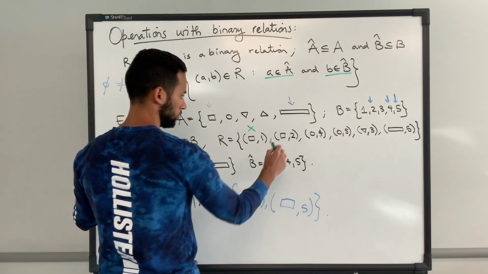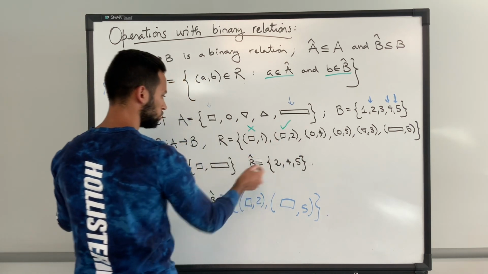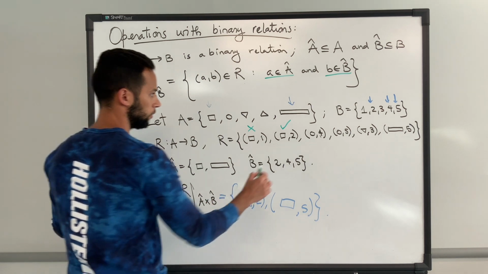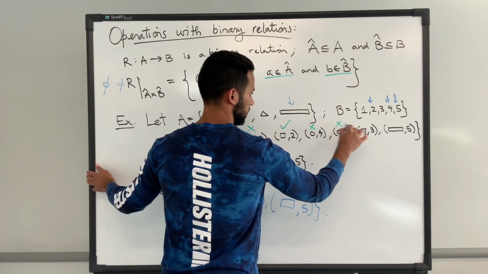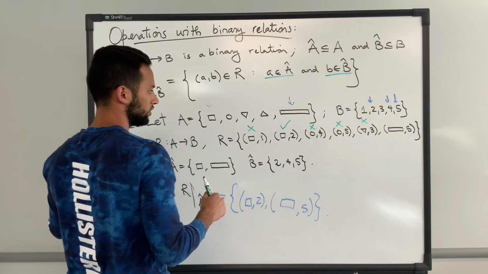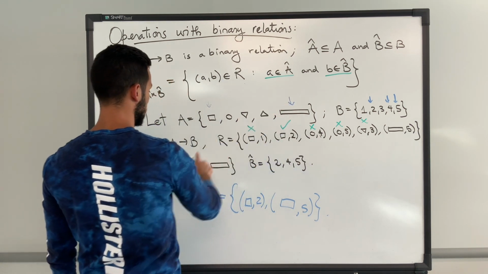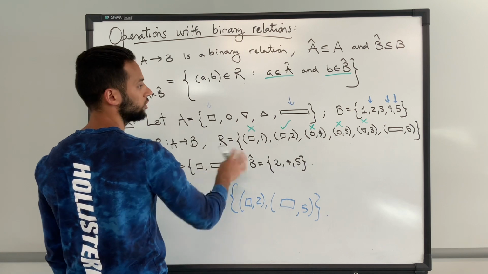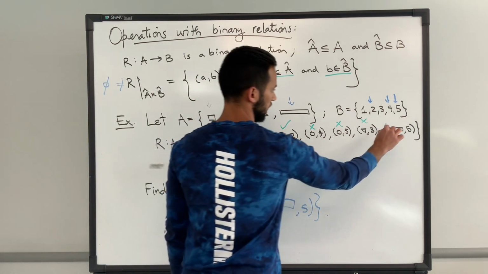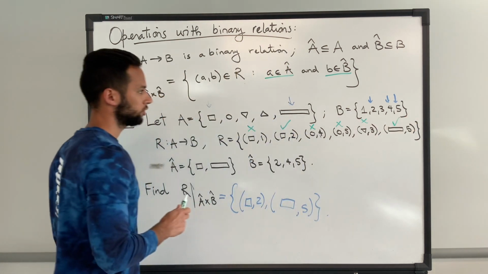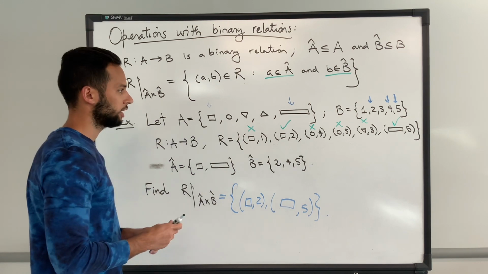Then, as we already saw, this one belongs since both conditions are satisfied. For these next three, all three of them were discarded because the first condition, that the first component is included in A hat, is not true, so that failed. And for the last one, both conditions were also satisfied, so it is included in the restriction.